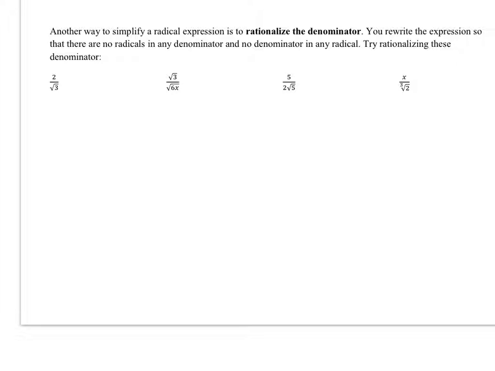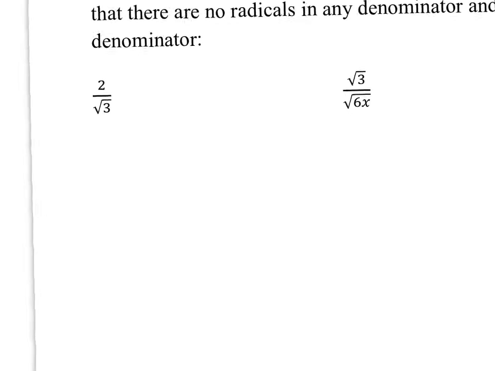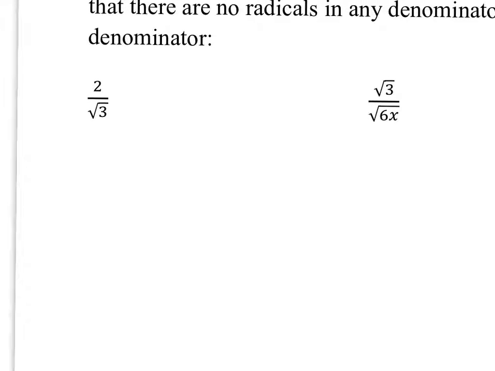Now, the first one, if I have just a root on the bottom, just like this, in order to get rid of that, I want to make sure that that could become a perfect square. So I'm going to zoom in here just on this one. So I can multiply by the square root 3 over square root 3. Now, one thing, this number that you multiply by has to be 1.